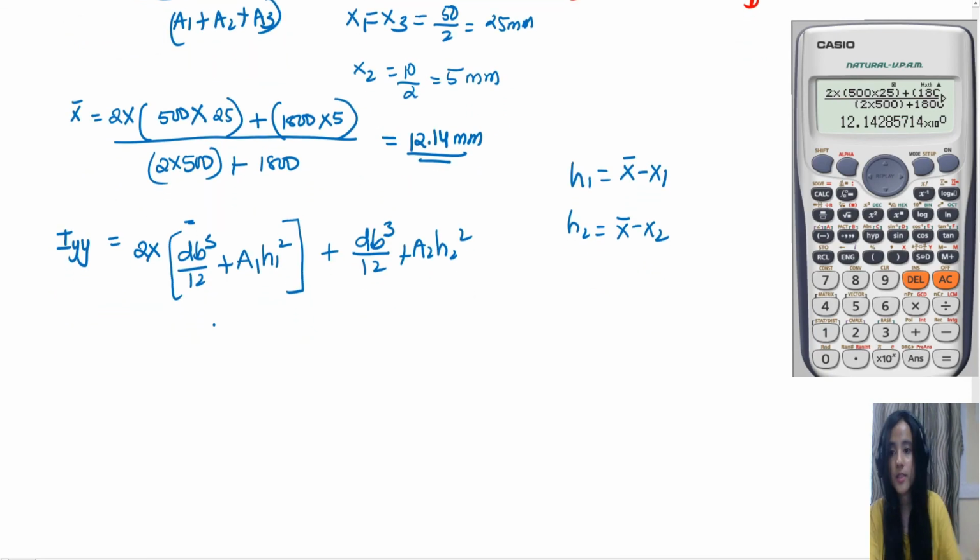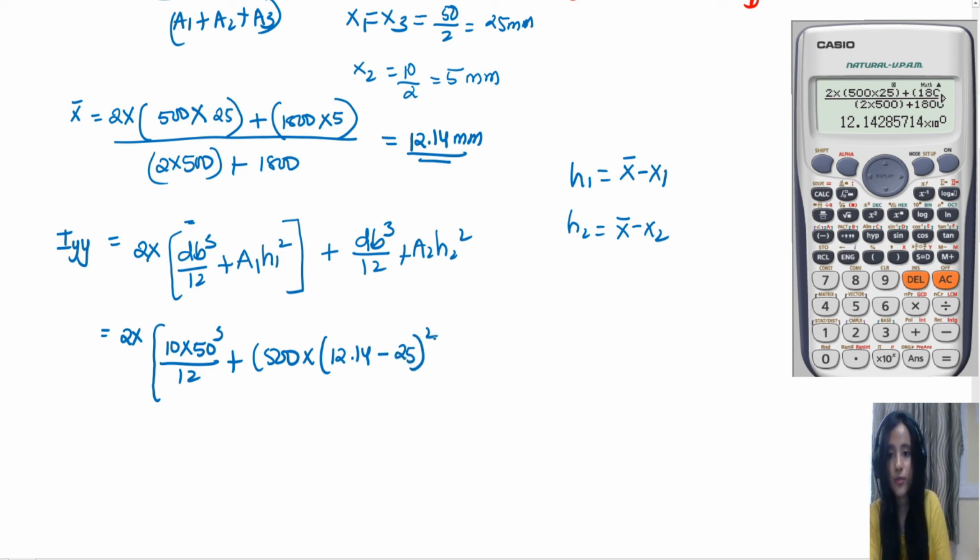So let us write it here. 2 into its depth here was 10 into b was 50 cube divided by 12 plus its area was 500 into h1, x bar was 12.14 minus x1 was 25, square.